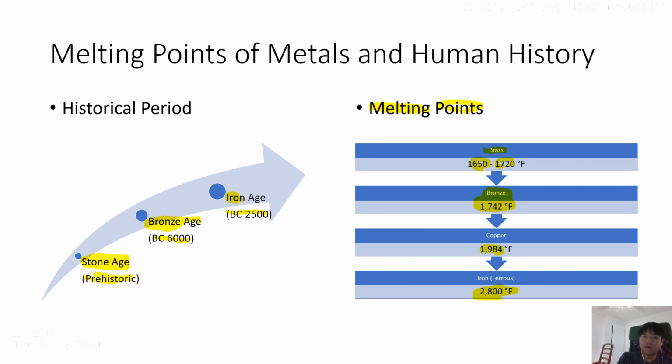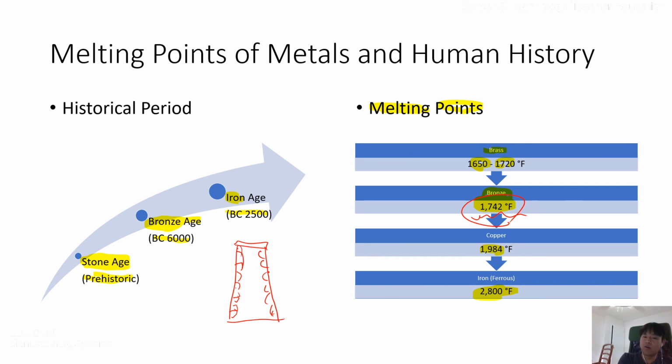So to make bronze products, what did people need? They needed to make a nice furnace using stone. But have you thought about how people could reach this temperature, 1700? It's very, very difficult. They had to keep the furnace secure, right?